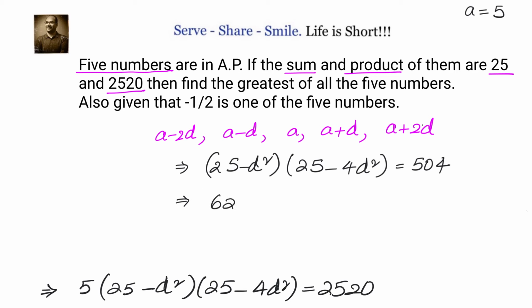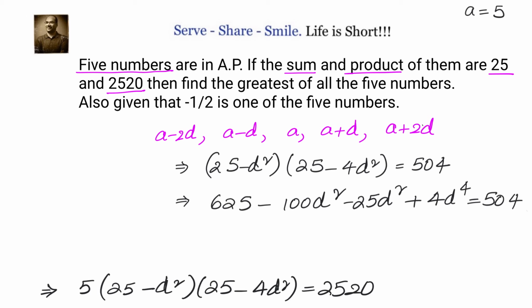Let's open the brackets. We will have 625 minus 100d square minus 25d square plus 4d to the power of 4 equals 504. Let us simplify that.